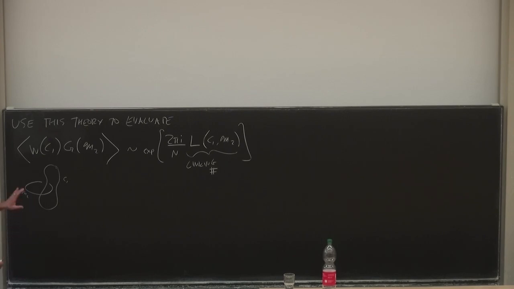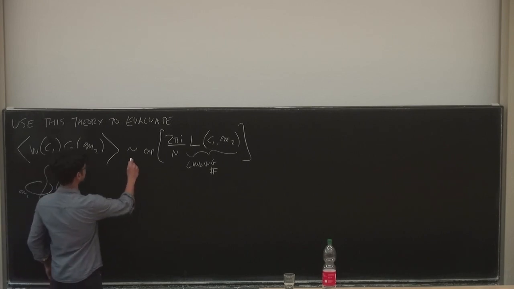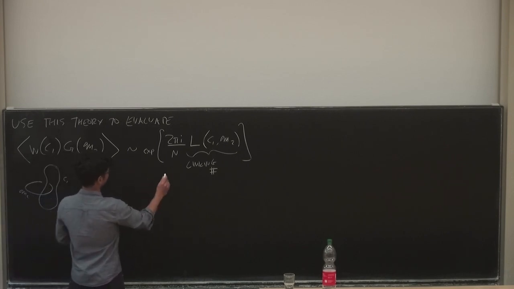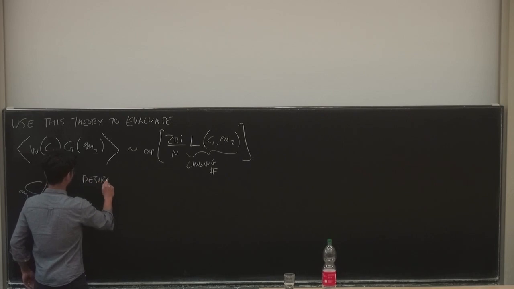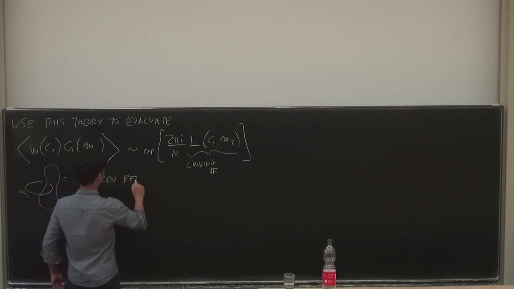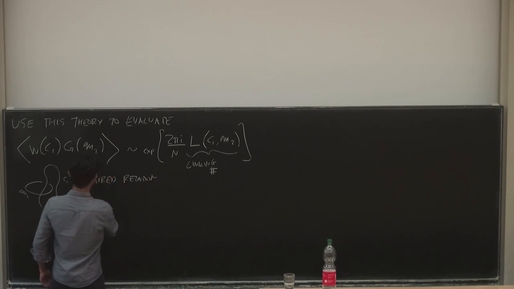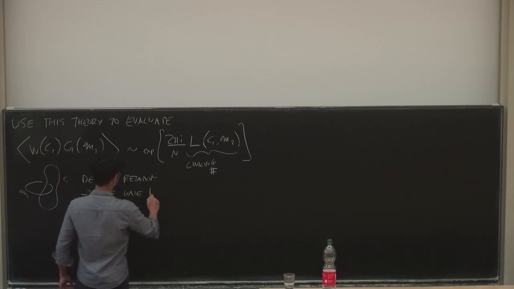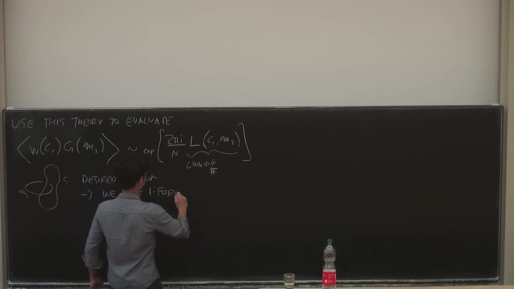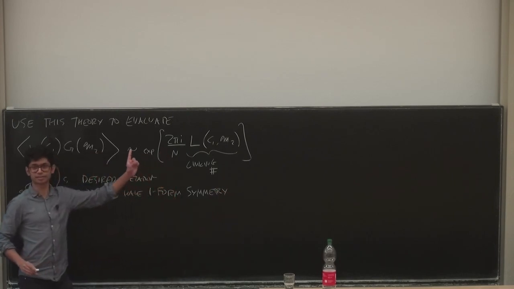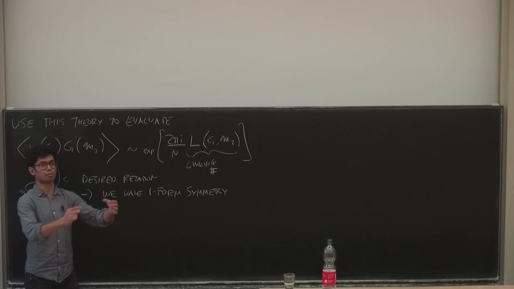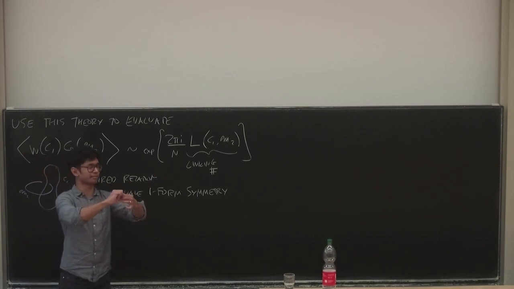Now, this is what we want. I stress, this is the desired relation, because this means that we have the one-form symmetry. This is the statement of the one-form symmetry. The one-form symmetry is exactly when we have the linking relation.